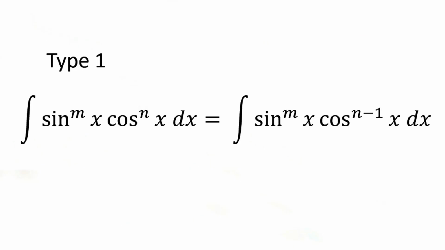For type 1, we have the integral of sine raised to m x cosine raised to n x dx, where either m or n is a positive odd integer, so just simply subtract 1 and transform the formula.